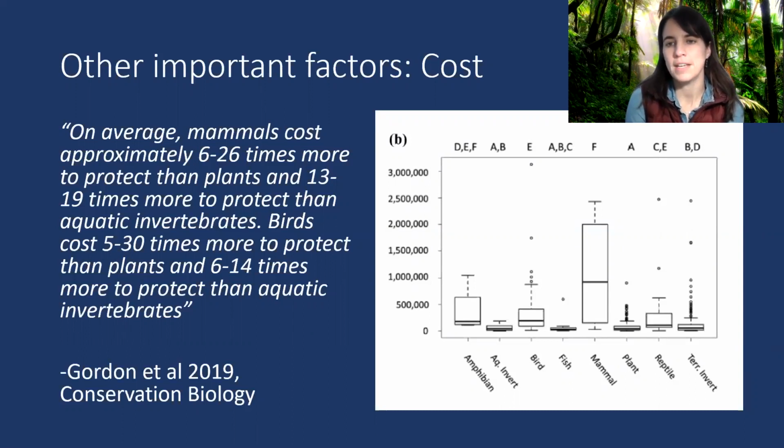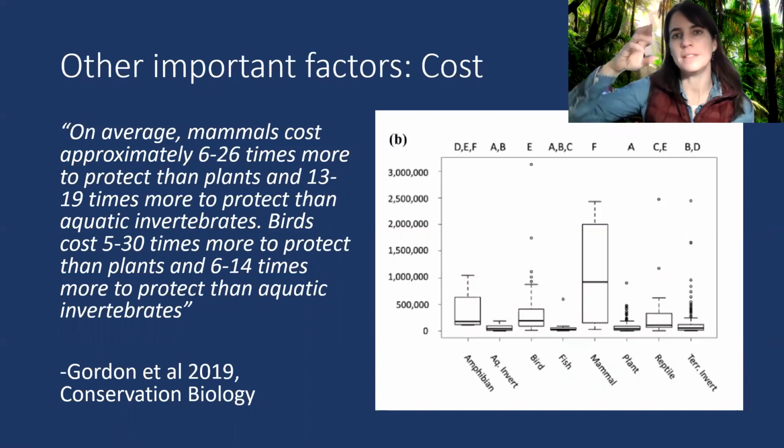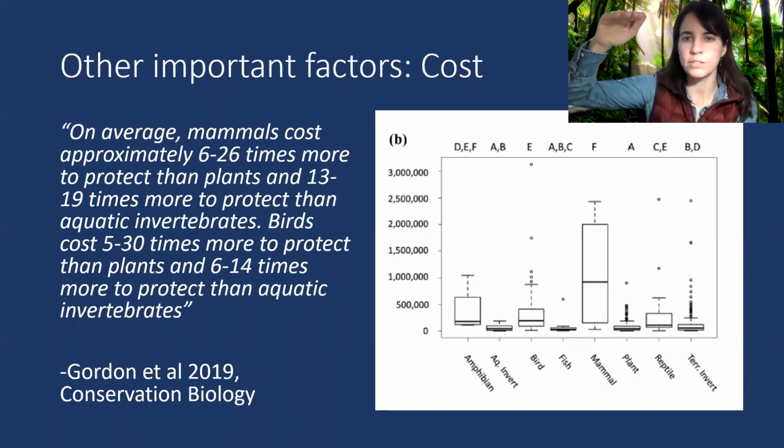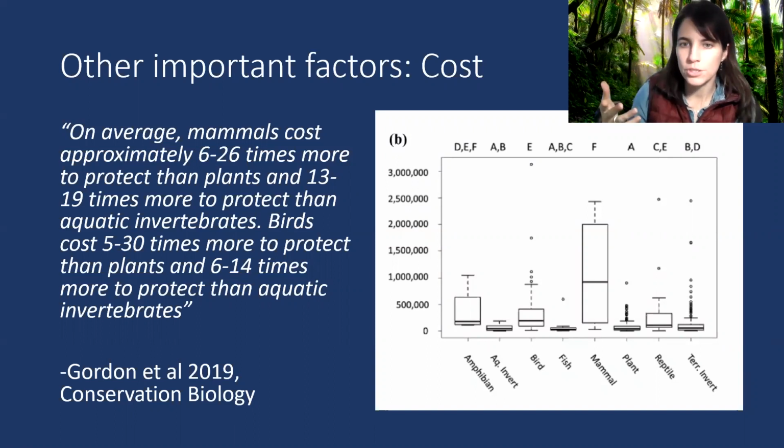So one thing you might think here is that one of the reasons plants are easier to protect is because they're primary producers, right? So you don't really have to protect their food source. Their food source is soil and sun. So you just have to protect the land. Whereas for species up the food web, up the food chain at higher trophic levels, you have to protect their food source too.